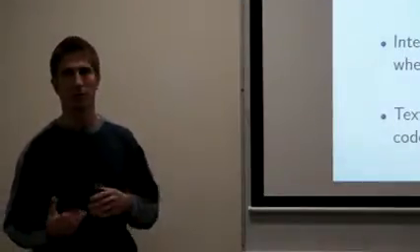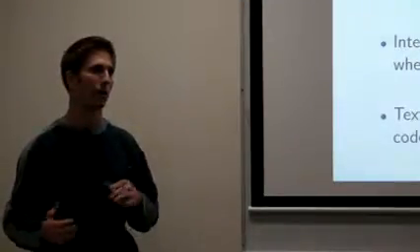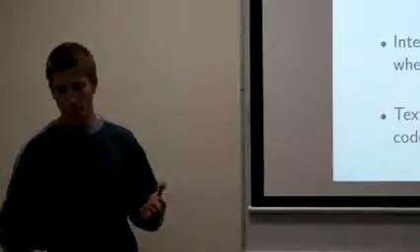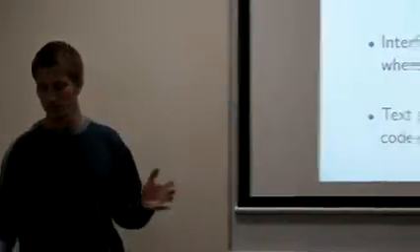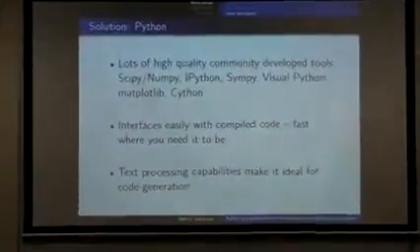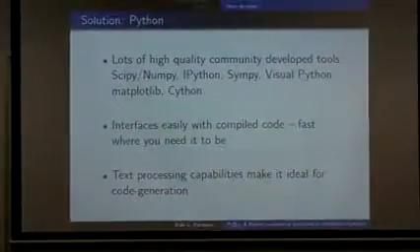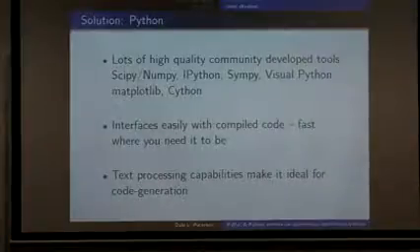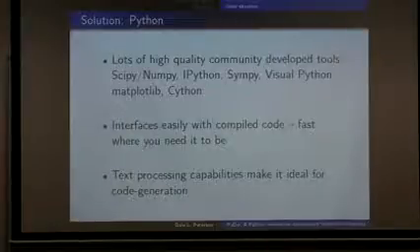And the same goes with all the other ones. They had their strengths, but they didn't really have the whole thing. Python was really the only place that I found that you could do everything. And for code generation, the text processing stuff in Python makes it pretty neat and easy: once you do all your symbolic stuff, you can generate code. And so that was a big plus.